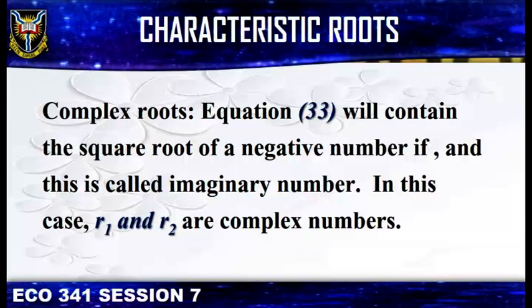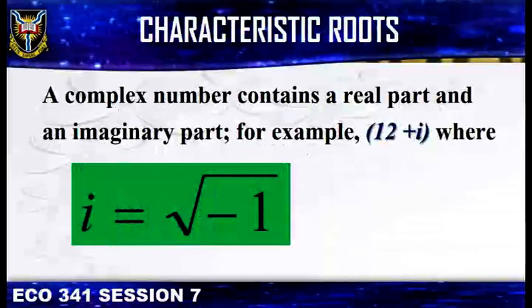Complex roots. Equation 33 will contain the square root of a negative number if b1 squared is less than 4b2, and this is called an imaginary number. In this case, r1 and r2 are complex numbers. A complex number contains a real part and an imaginary part, for example, 12 plus i, where i is equal to square root of minus 1.